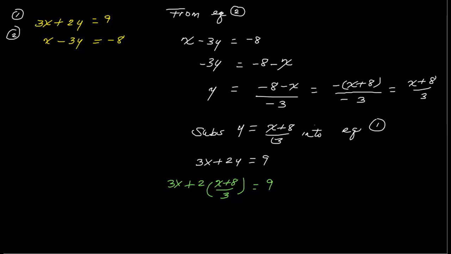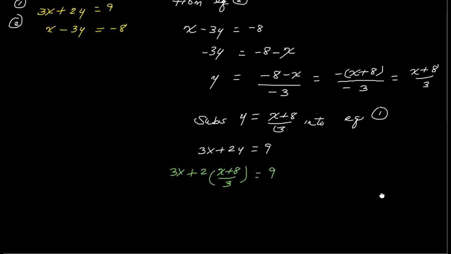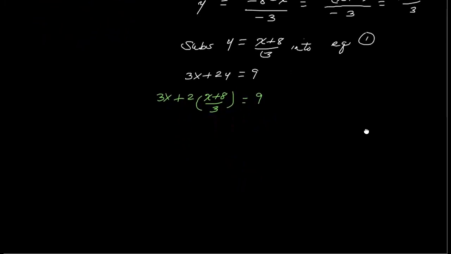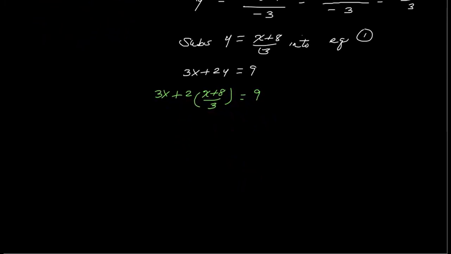So, because this is a fraction, let me make some more space here. Because this is a fraction, I'm going to have to do something to get rid of the fraction, and I want to do it right away. But before I do it, recognize that there's no more y. See that? Y is gone. There's no y. I'm already down to a single variable equation.